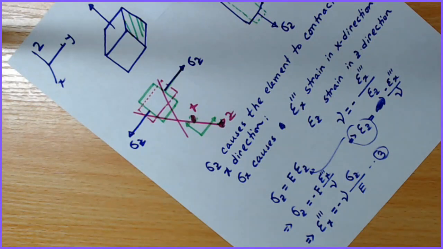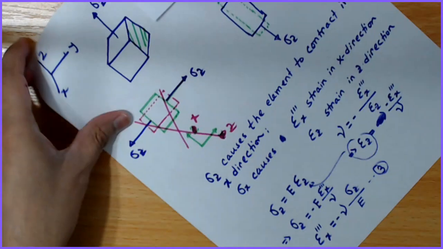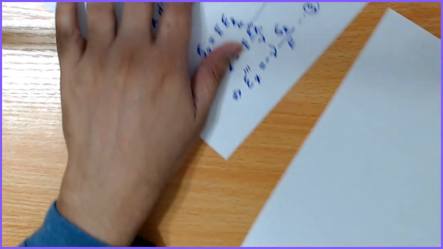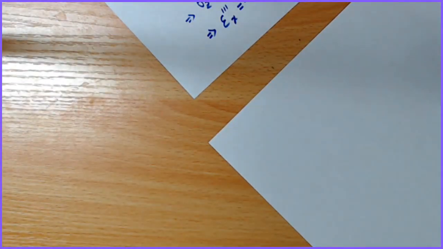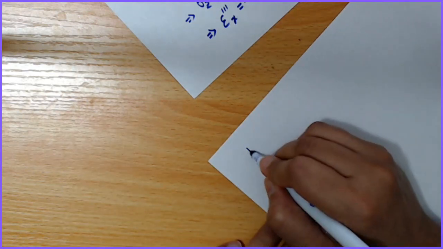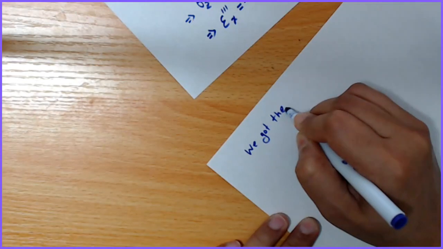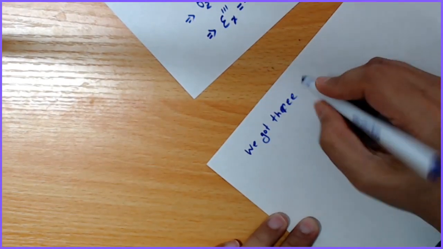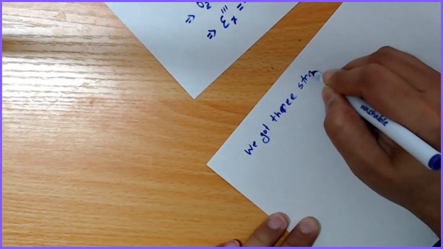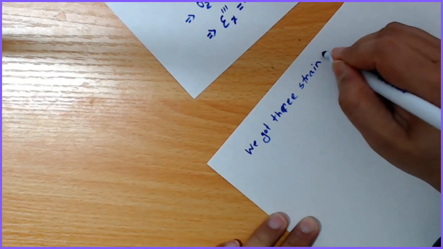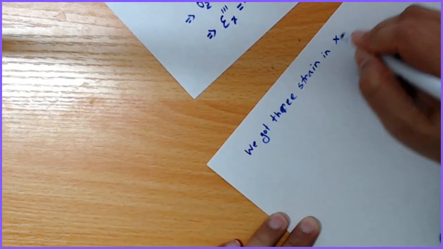So we got three strains: epsilon x, epsilon y, and epsilon z. Now, let me repeat. We got three strains in x direction.